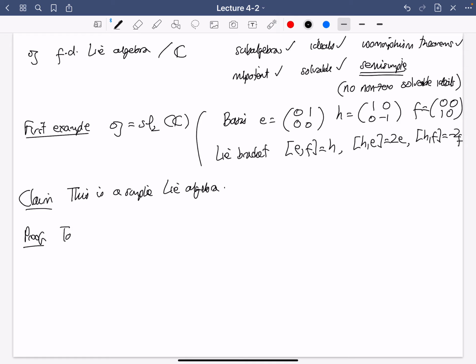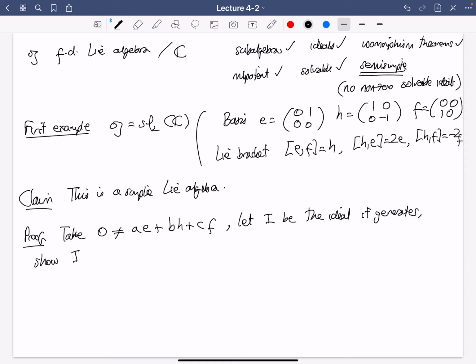What I'm going to do is take just some non-zero element inside G. So that's a linear combination A times E plus B times H plus C times F, a linear combination of that basis. And I'm going to let I be the ideal it generates. And the goal of the proof is just to show that in fact I is everything, and that will show that it's a simple Lie algebra.